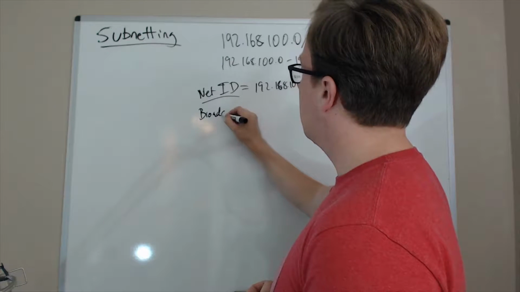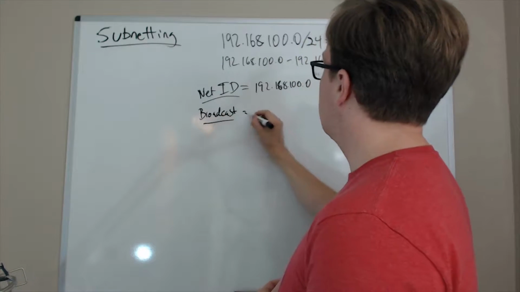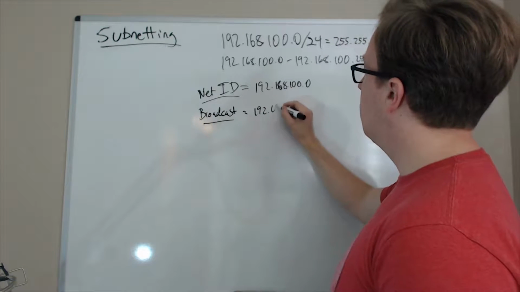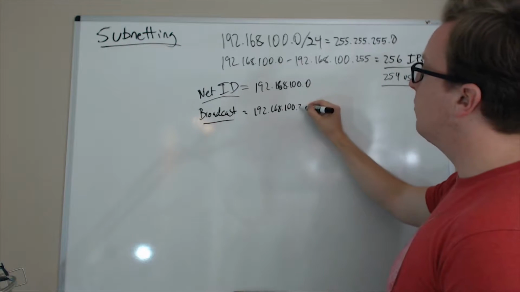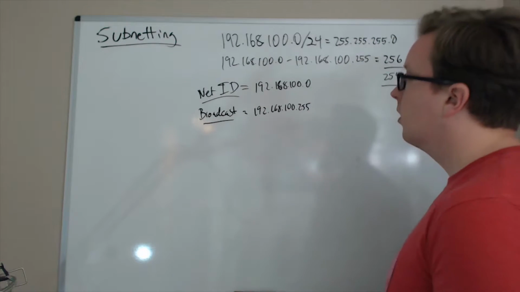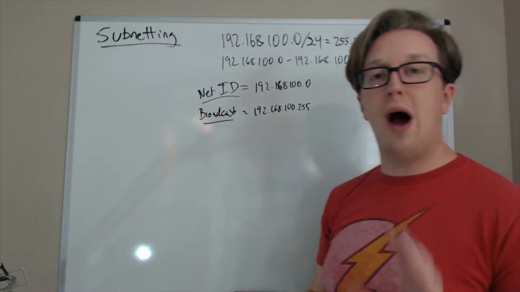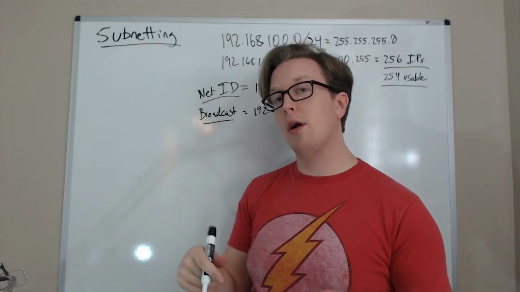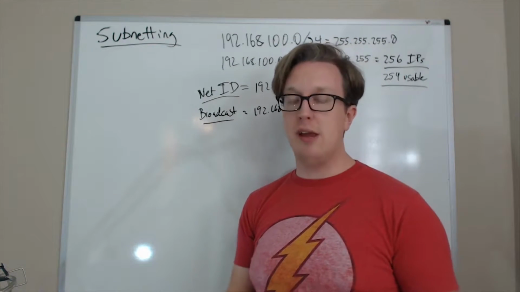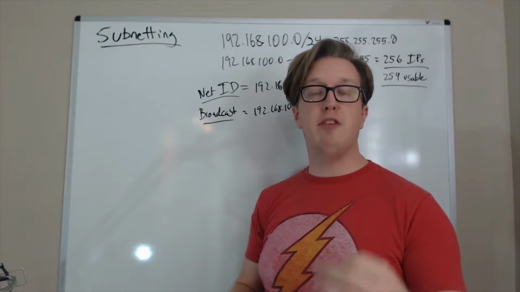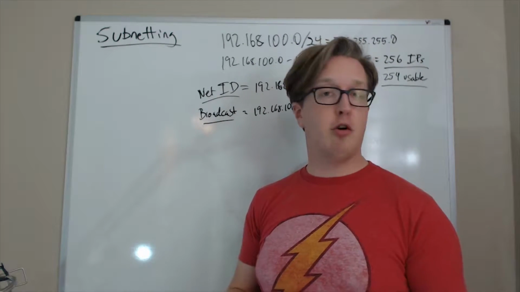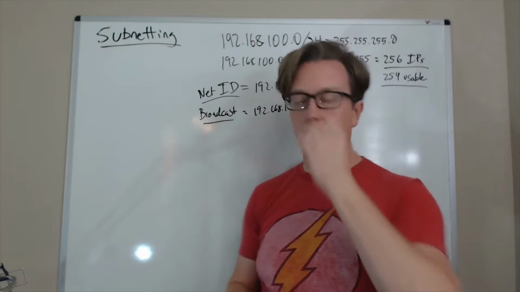So the broadcast is going to be 192.168.100.255. So those are the two IP addresses that are in the network but are not usable. You can't actually apply .0 or .255 to a specific server or workstation on that network.